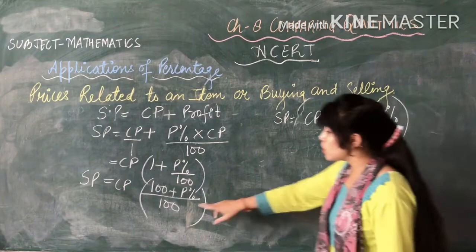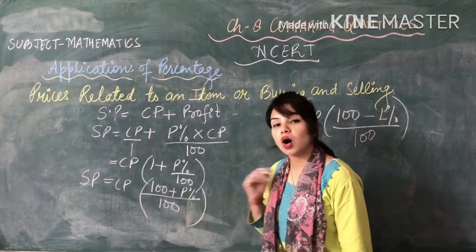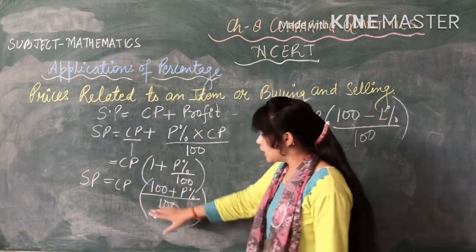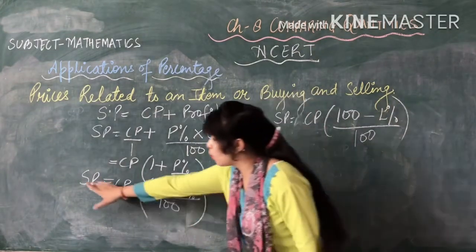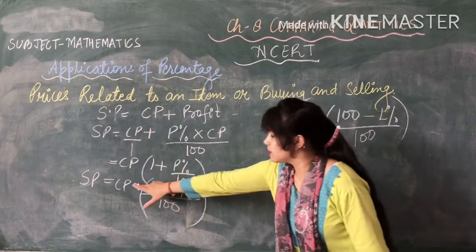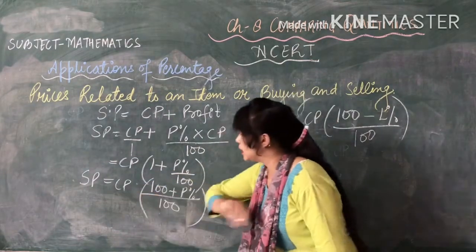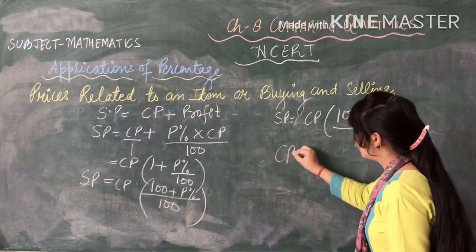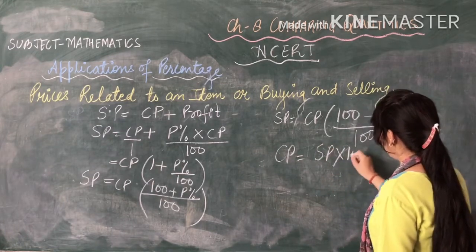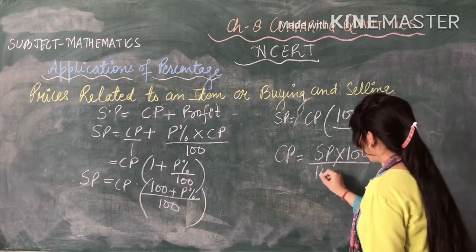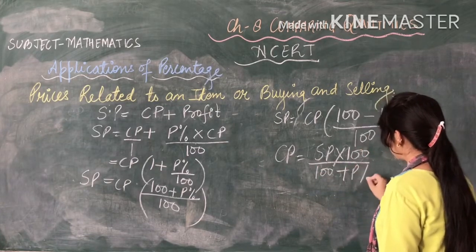Okay. Now suppose you have to calculate CP. How will you calculate it? Just change this formula a little bit. Here 100 is in division, it will go to multiplication. This is in multiplication with CP, it will go to division. The new formula is SP into 100 upon 100 plus profit percent.